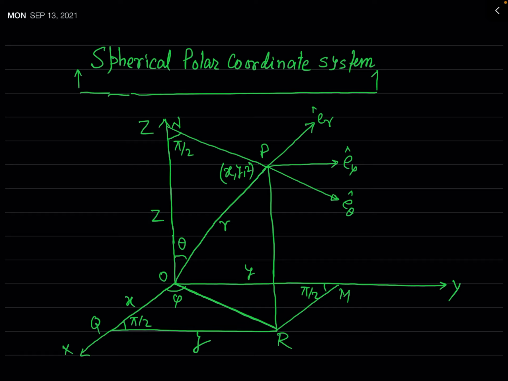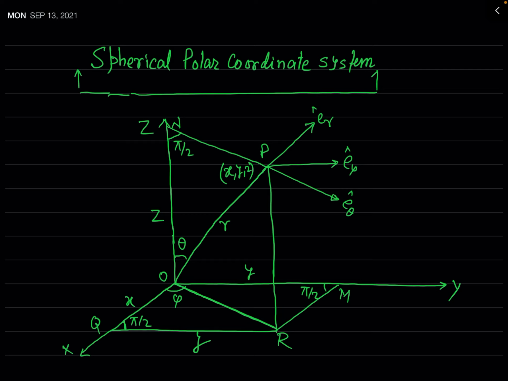Now, to get the value of x and y coordinates, we draw perpendiculars on X-axis and Y-axis from the point R. And for that, you should draw a line RQ just parallel to the Y-axis. And you know, if the line RQ is parallel to Y-axis, it will be perpendicular to X-axis. So this angle at Q is pi by 2, that is 90 degrees.